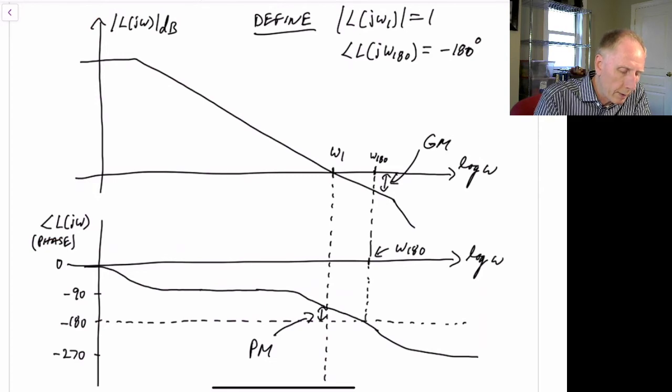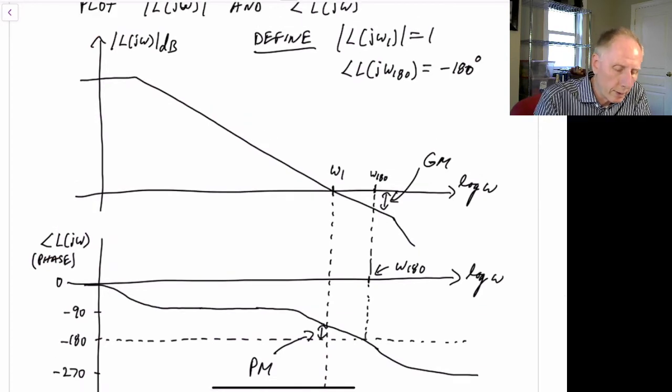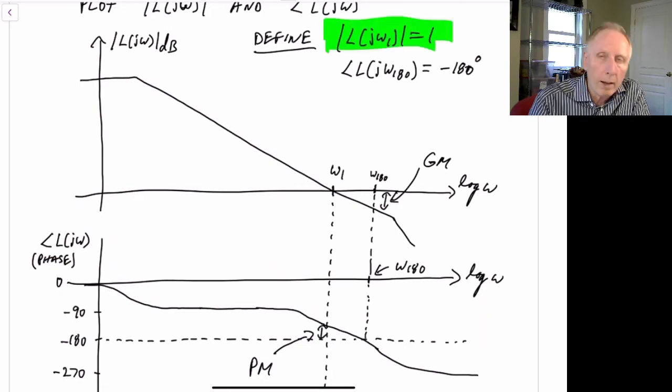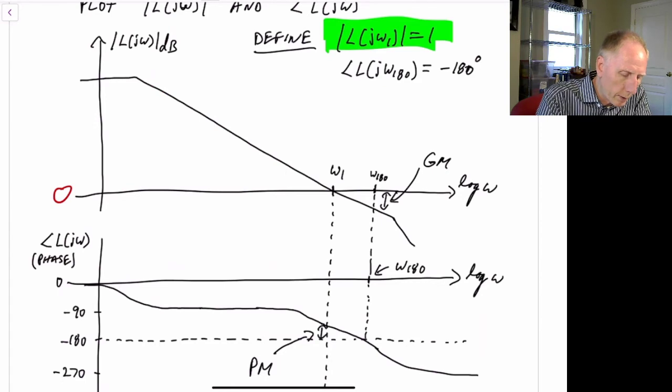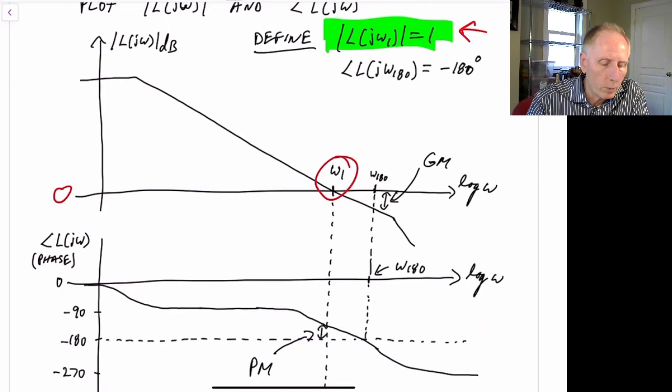And we define two frequencies. We define omega 1 to be where the magnitude of L of j omega 1 is equal to 1. In other words, visually, wherever this curve crosses 0 dB. So this becomes omega 1, and that's our definition, where the magnitude of the loop gain becomes 1.